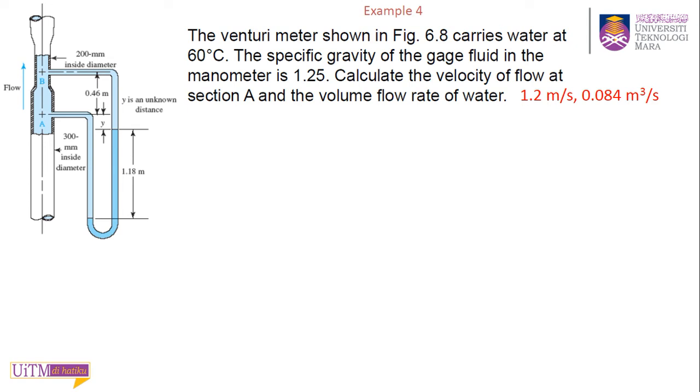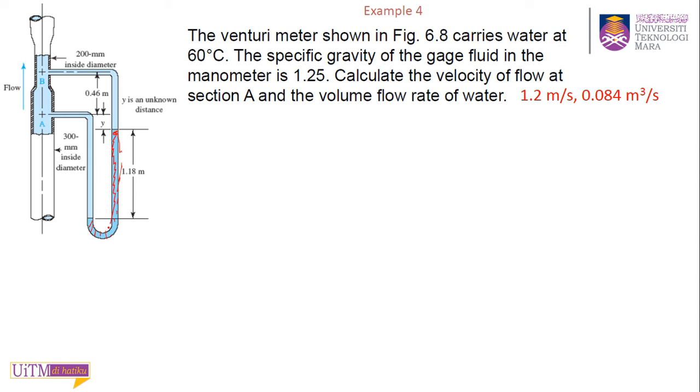Okay, next one. This is venturi meter. The venturi meter shown in figure 6.8 carries water at 60 degrees. The specific gravity of the gauge fluid in the manometer is 1.25, the fluid that is dark blue here, until here.